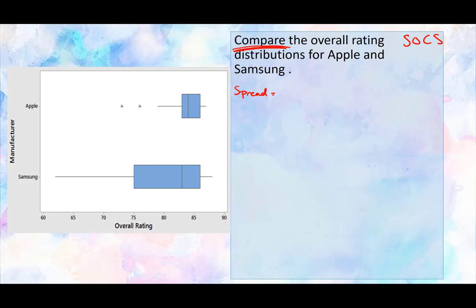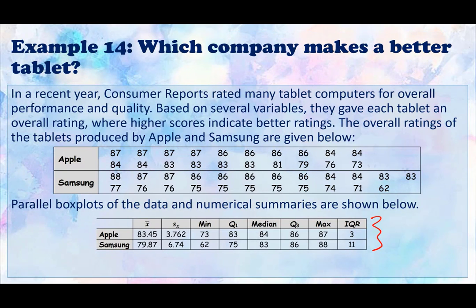So for spread, both standard deviations, and the IQR for the Samsung tablets is actually greater. So if you look here, the Samsung tablet has 6.74 to the Apple's 3.762.